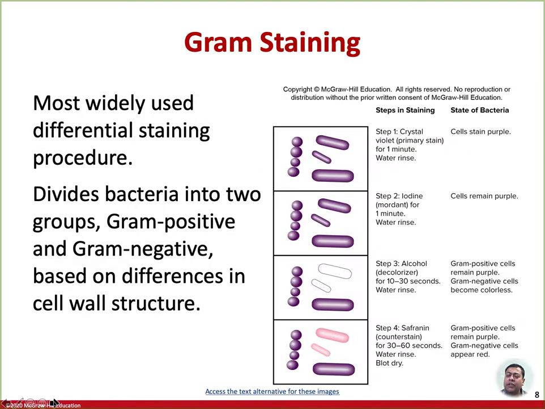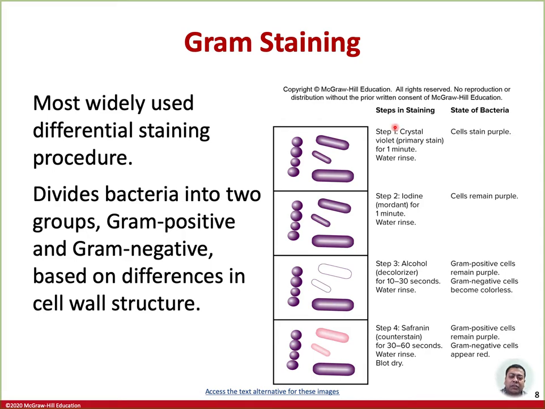So the most common of the differential stains is the Gram staining, the most widely used process. Now, in the Gram staining procedure, in the first step, we make a smear and stain with a primary stain, which is the crystal violet. So the crystal violet is the primary stain.